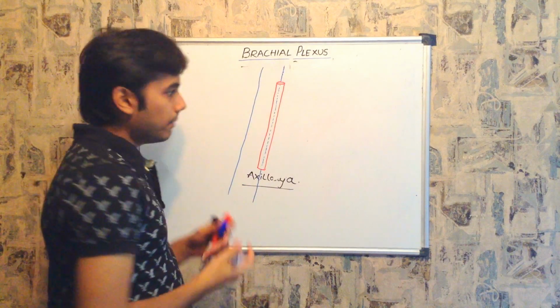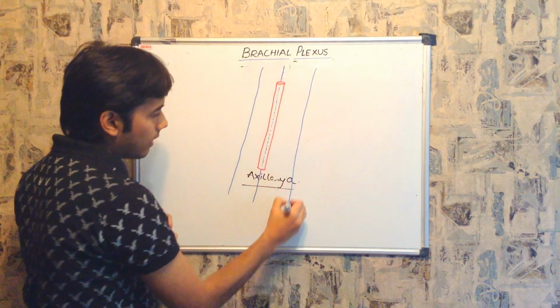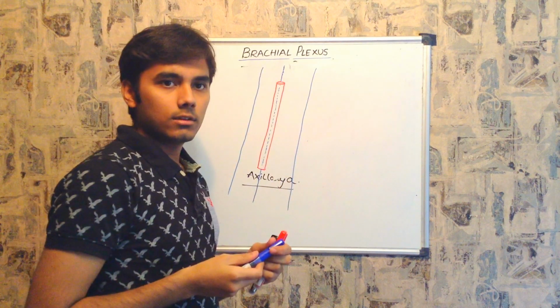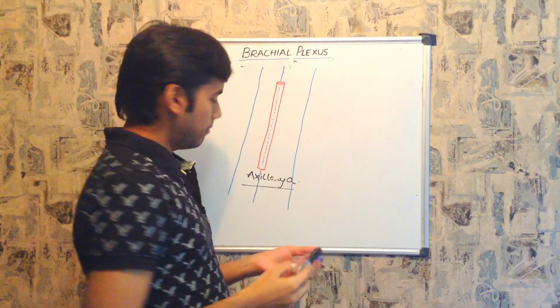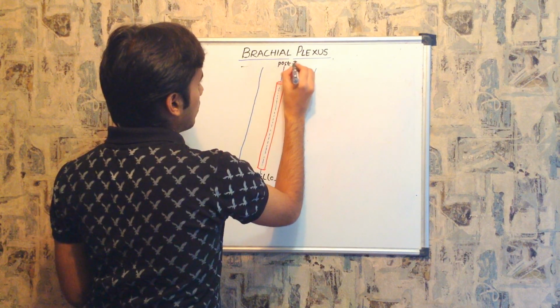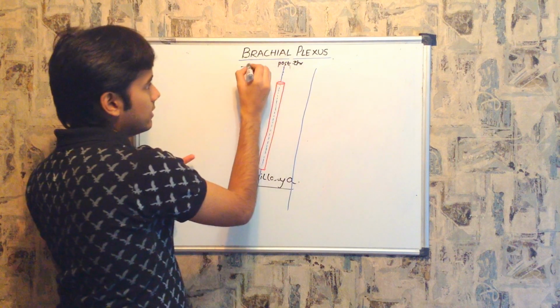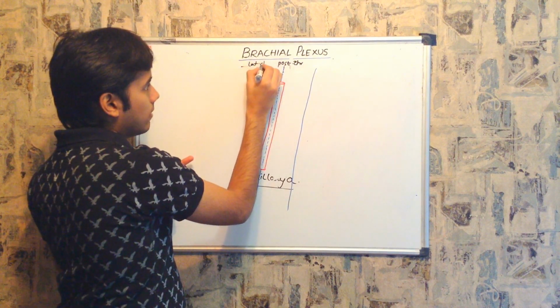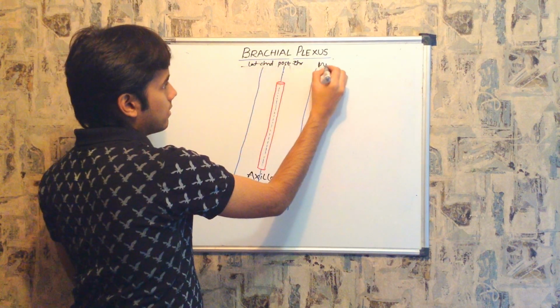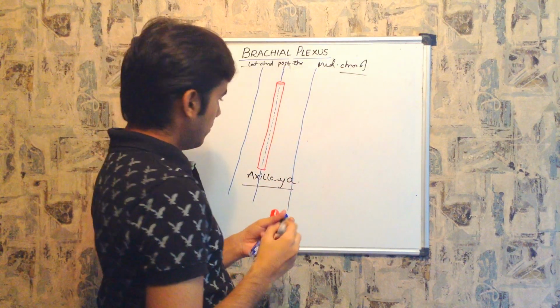And the part passing medially is called the medial cord of the brachial plexus.